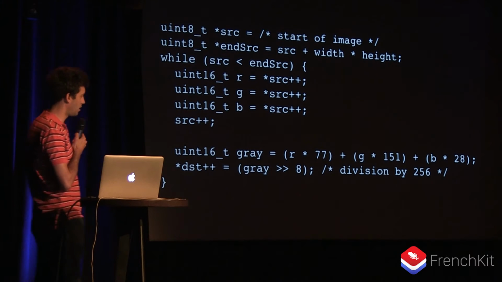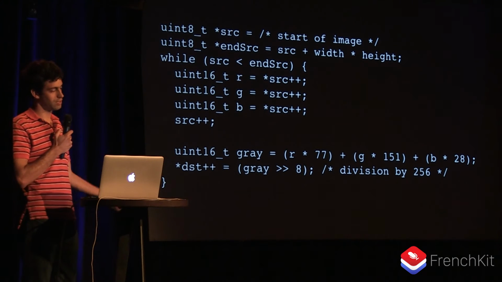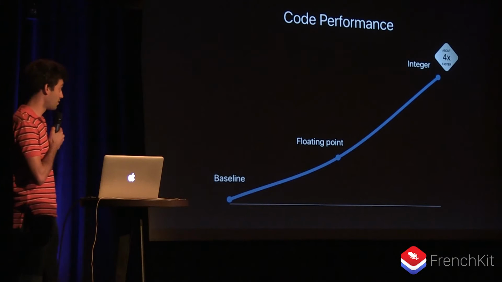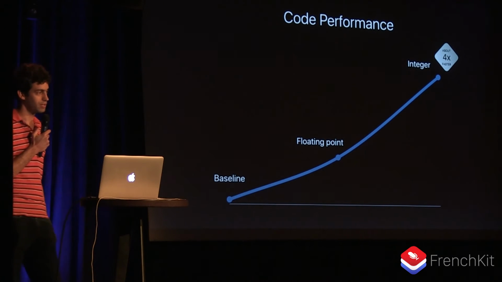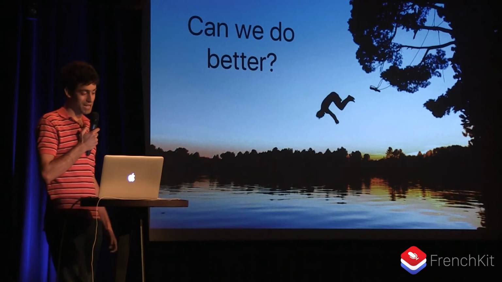And we can divide by 256 by doing a right shift of 8 bits. So what does the performance look like? Well, it's 4 times faster than the original version. That's quite good, actually, by just making a little change. Can we do better again?